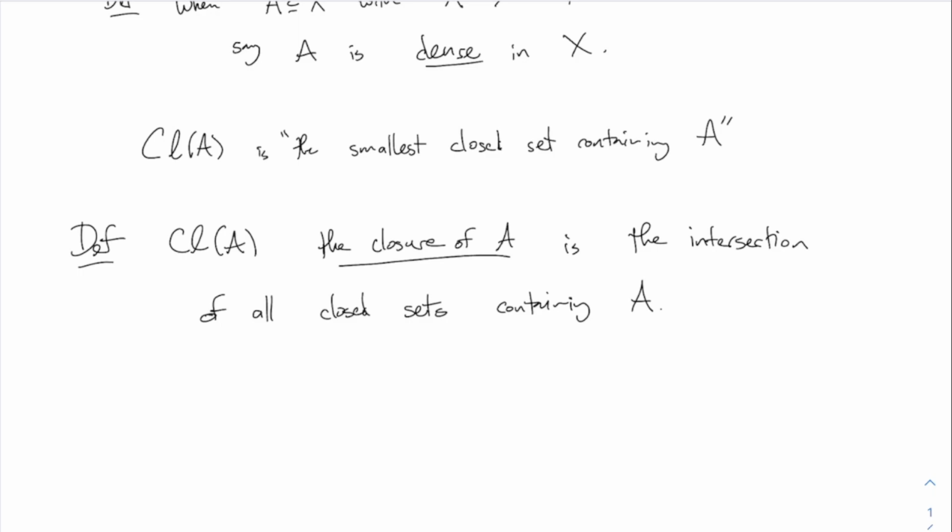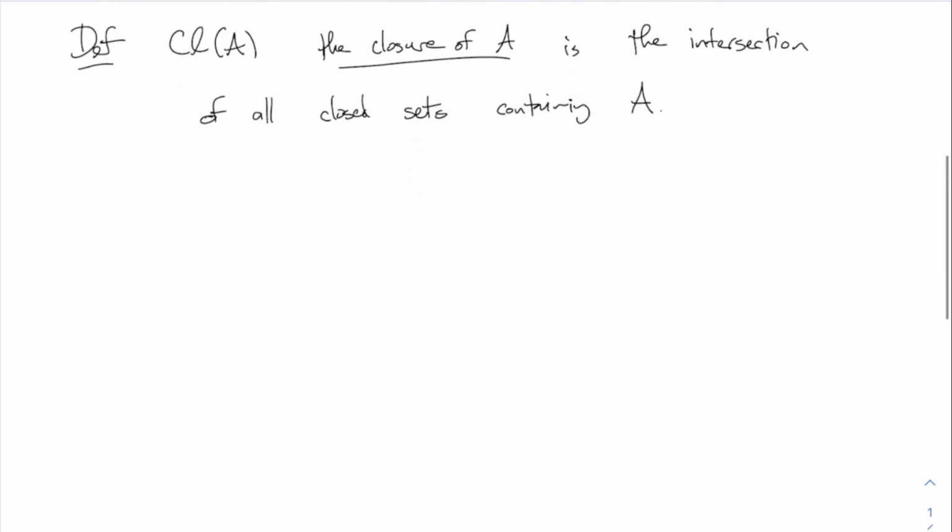That's the definition that we're going to use for the closure of a set. All right, I want to talk about some simple facts about the closure. So, first theorem, actually this I'm going to leave for you to do on the homework, but I will write it down because it's super important. A equals A closure. Anybody, what does it mean if A is the same as A closure?